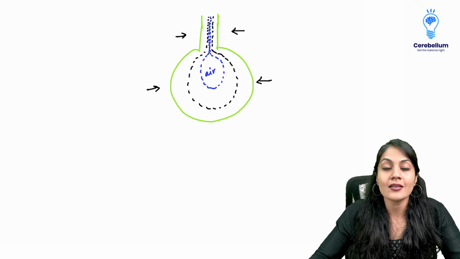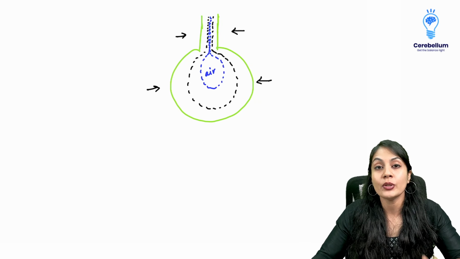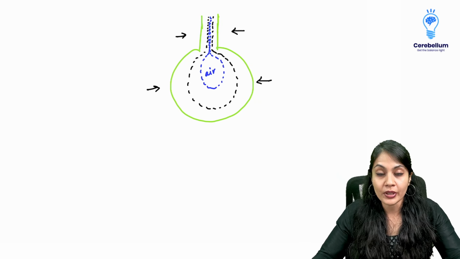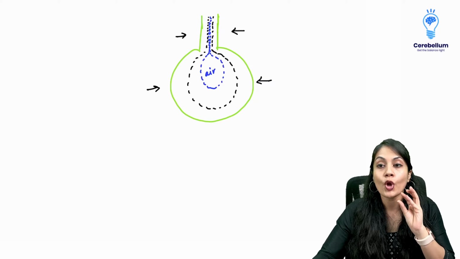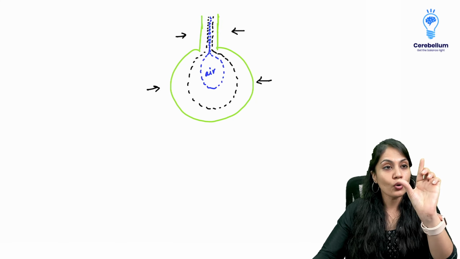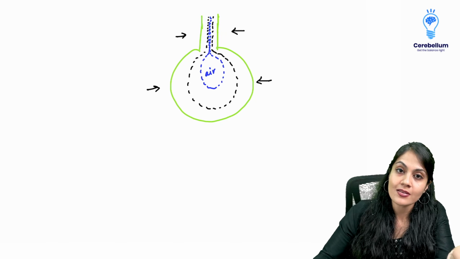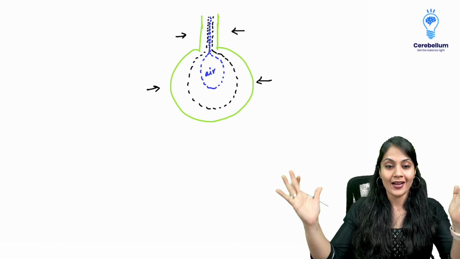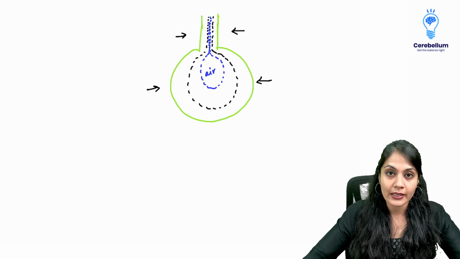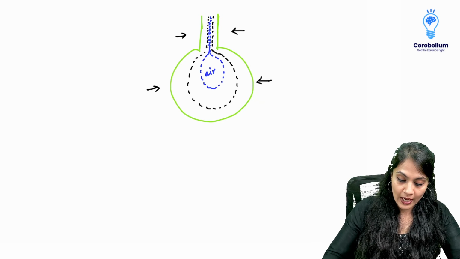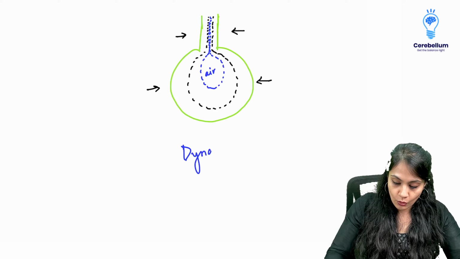That means he cannot just expire forcefully. He's going to have the pursed lip like that. So he's going to generate an artificial resistance, because of which the airways are not going to collapse suddenly and more air can come out. This is known as dynamic compression of airway.